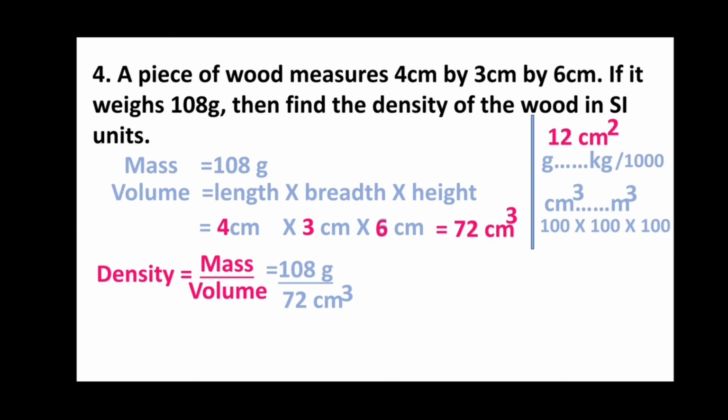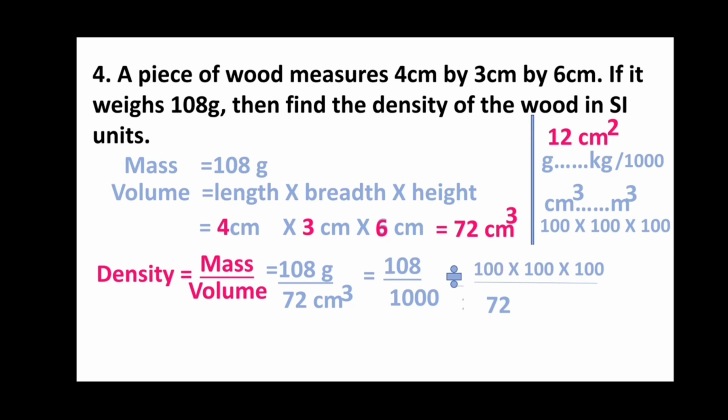Now, for doing conversion of 108 gram to kilogram, what we have to do? 108 divided by 1000 divided by 72 divided by 100 cube, that is 100 into 100 into 100. For doing the calculation easily, let us take this 100 cube to the numerator and 72 in the denominator.